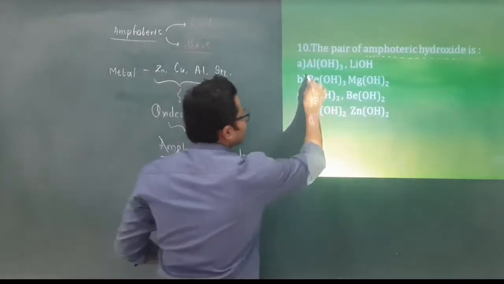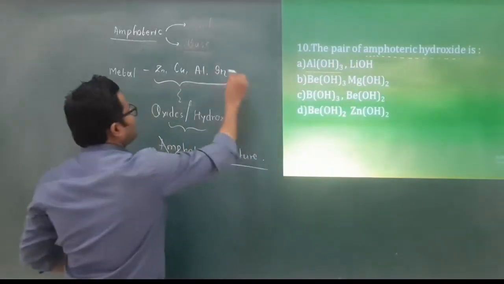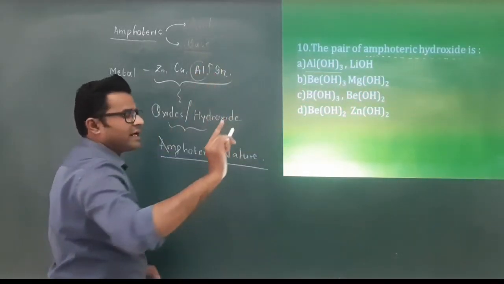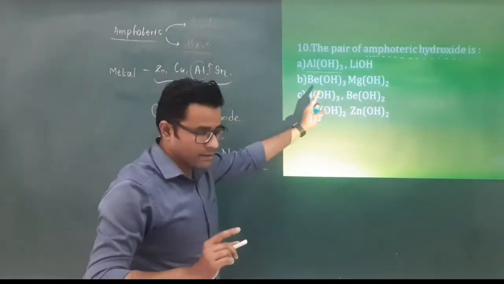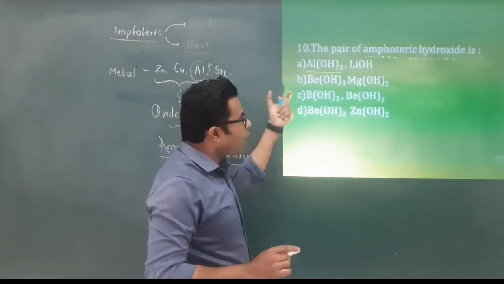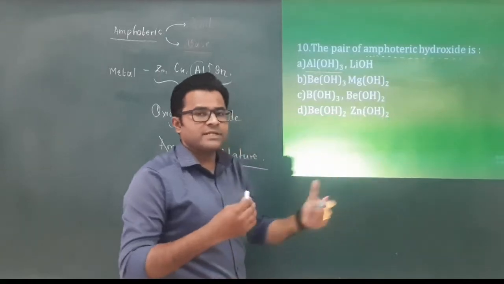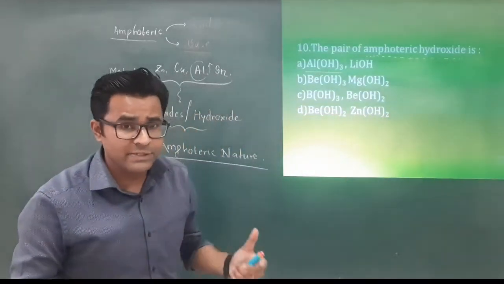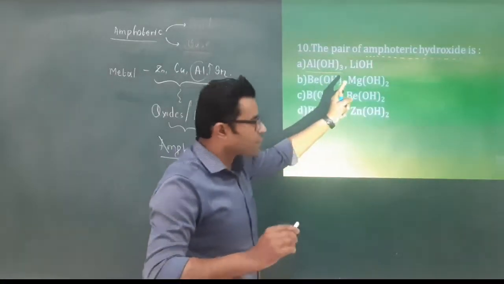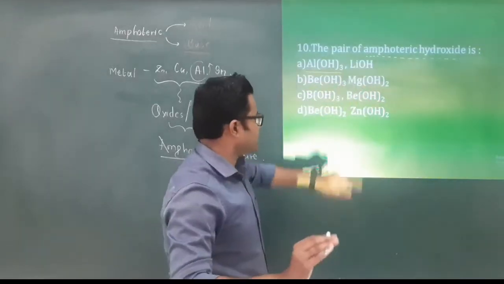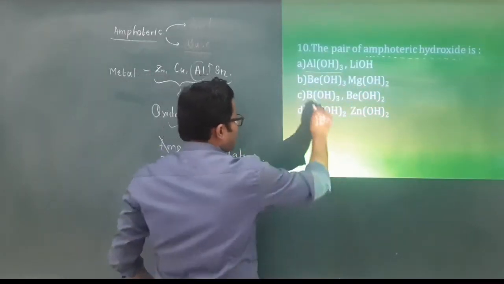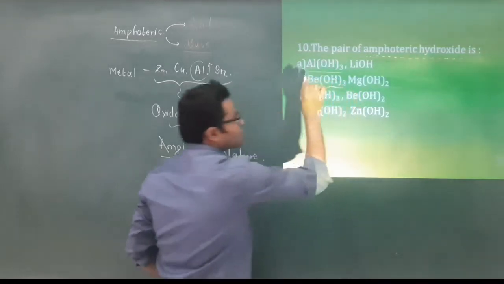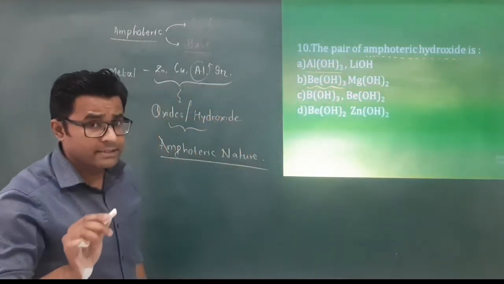Now, when we observe aluminum hydroxide and its oxide, of course they are amphoteric, but not lithium hydroxide. Lithium hydroxide is a base which is not amphoteric in nature. So lithium hydroxide is not the correct pair. Beryllium hydroxide, on the other hand, is amphoteric in nature.